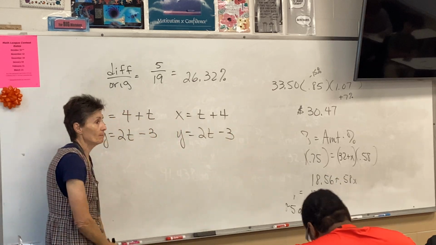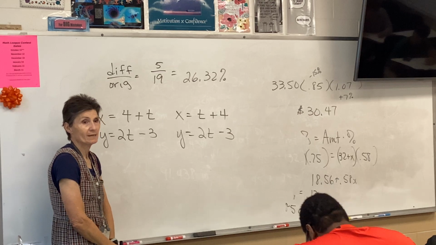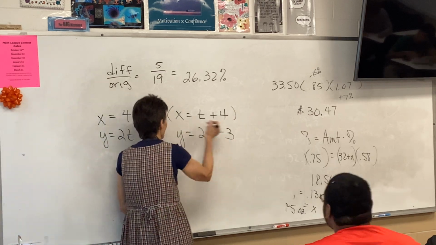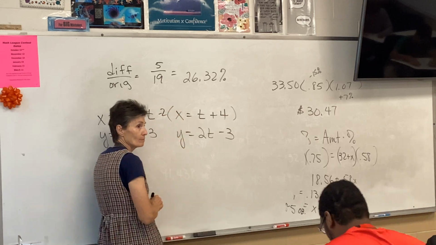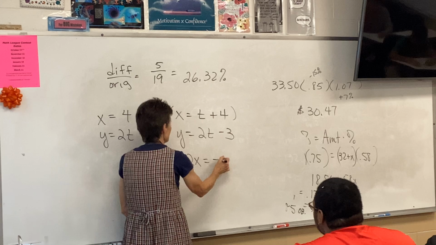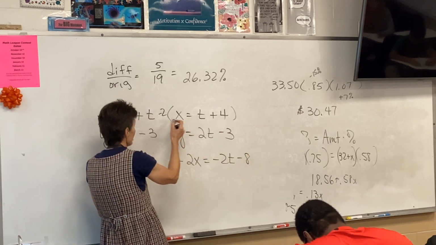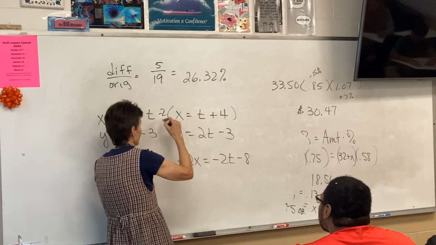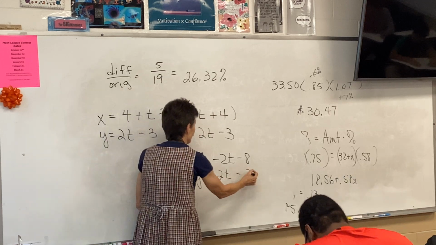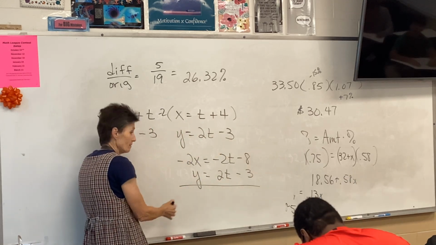How would I eliminate now? What would I have to do to eliminate my T? Multiply the top by -2. So -2x, -2t, -8. So this is like a big distributive. Everything times -2. And then add.